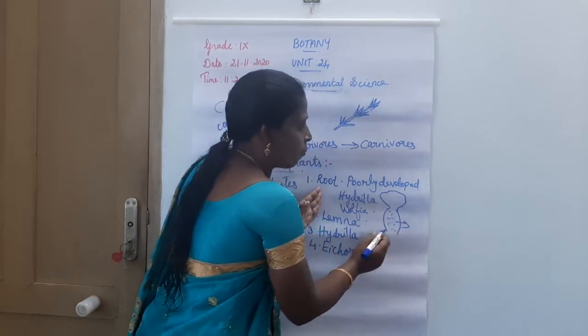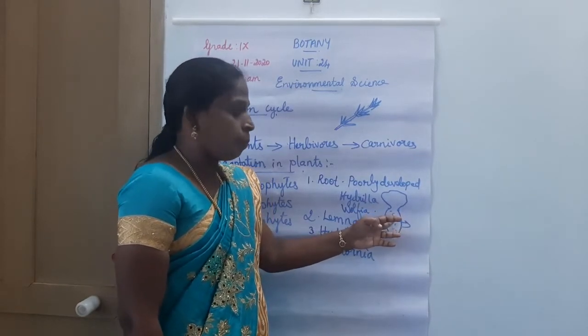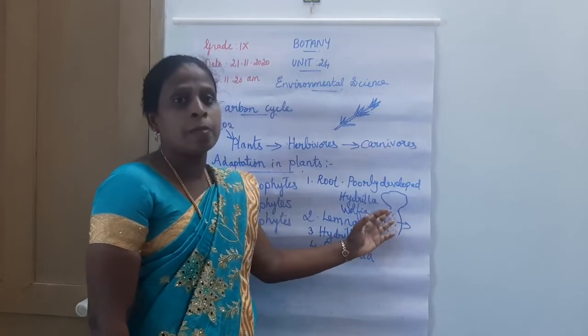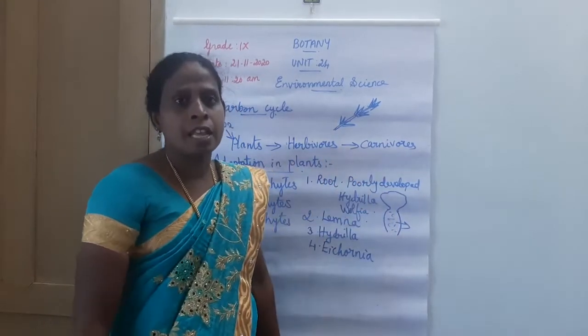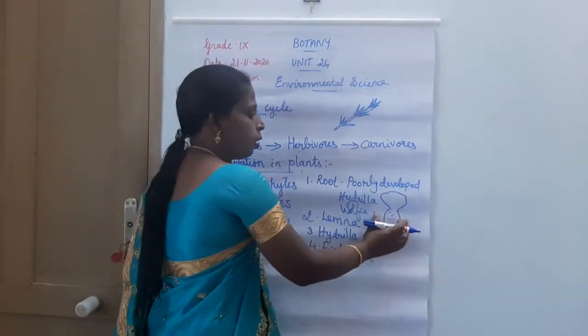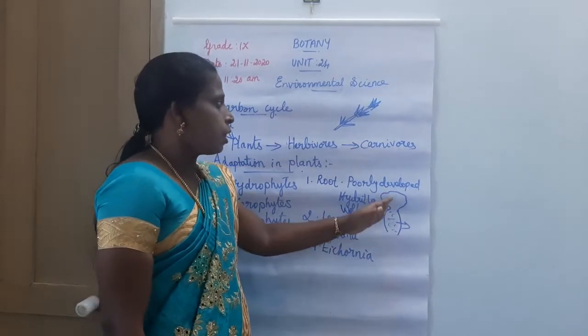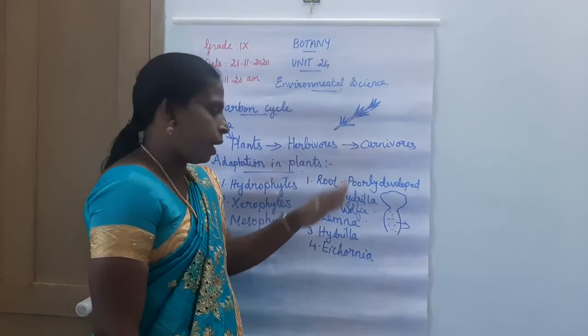It consists of spongy air space, air chambers. What is the purpose of these air chambers present in the petiole? It helps the plants to float on the surface of the water. It helps to maintain the buoyancy on the water. So these are the adaptations present in the water plants.